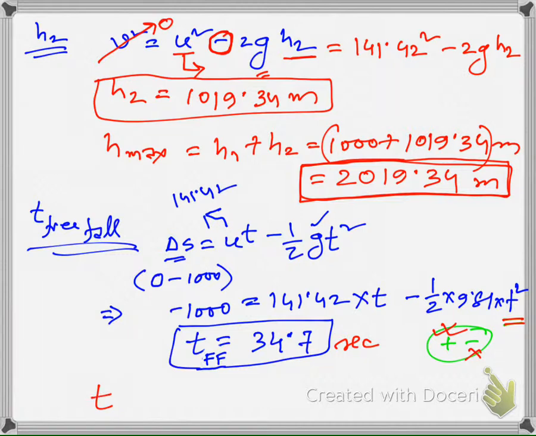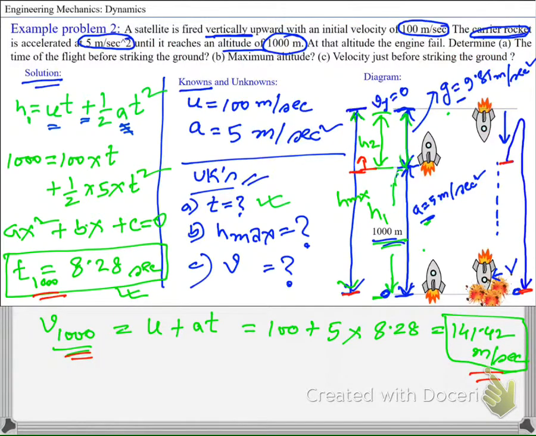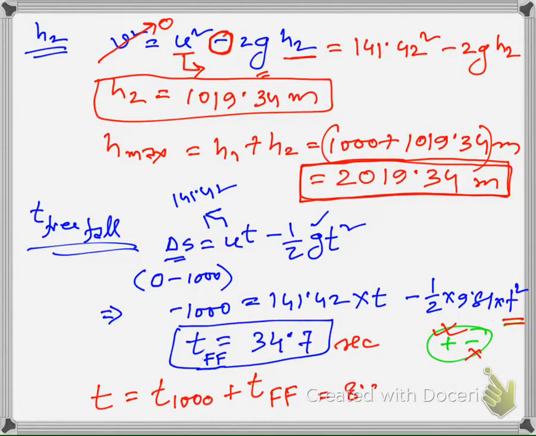So the total time, the travel time or flight time, would be t1000 plus t free fall, which is 8.28 plus 34.7, which gives us 42.98, approximately 43 seconds. So this is our answer for the flight time.